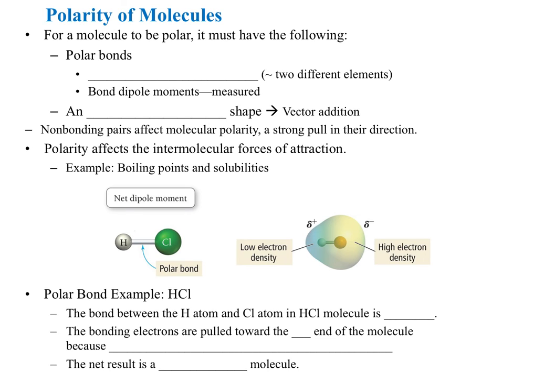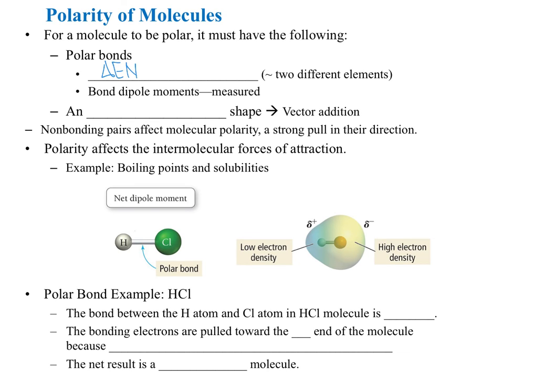Okay, now polarity in molecules. So we've learned about polar bonds, and polar bonds happen when we have an electronegativity difference in our 2 different atoms. And that's usually when it's greater than 0.4, and we can have that dipole.